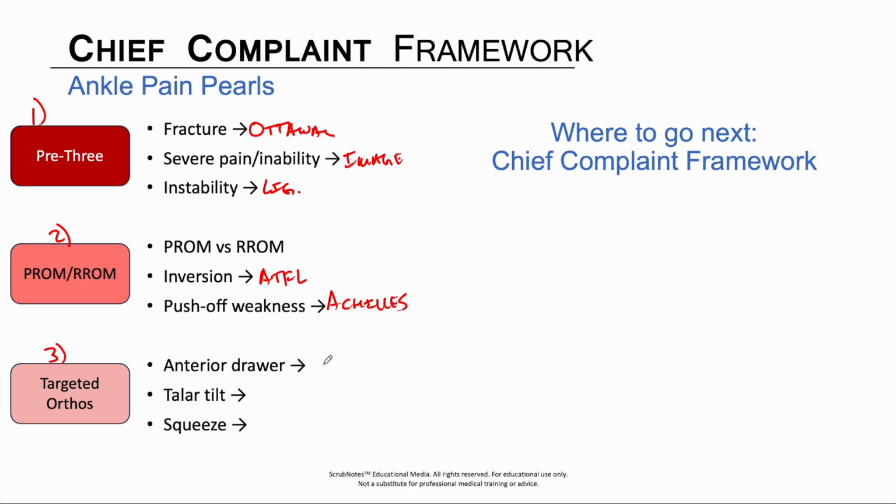And third, use a diagnostic fork to guide your testing. So anterior drawer test is positive, think ATFL. If there's talar tilt, think CFL. And if the squeeze test is positive, suspect syndesmotic. Remember, when ankle pain follows an inversion injury with lateral tenderness, the most likely diagnosis is a lateral ankle sprain.